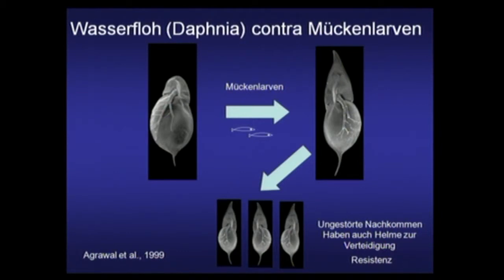In the paper which I mentioned, a paper about the radishes, people were looking at Daphnia. Daphnia are interesting animals living in water, and they have a small helmet.